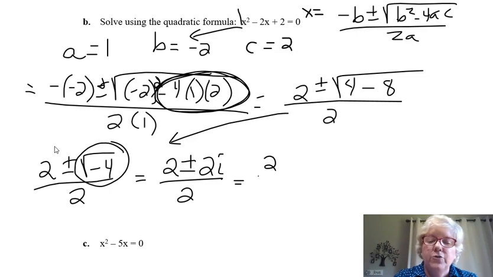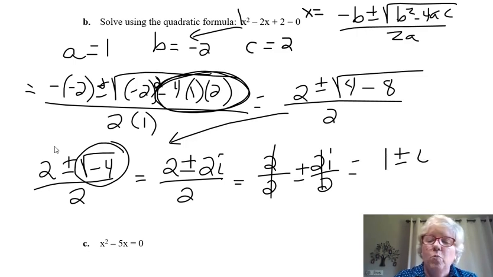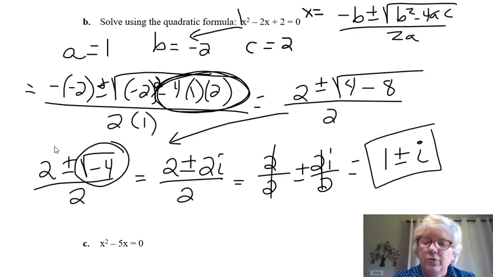So I'll take the first term over the denominator, the last term over the denominator, and what's 2 over 2? You're right, it's 1. So that will give me 1 plus or minus 1i. Now when 1 is a coefficient, you don't have to write it, and that does represent our two answers. So you can get radical answers, you can get imaginary, complex answers.